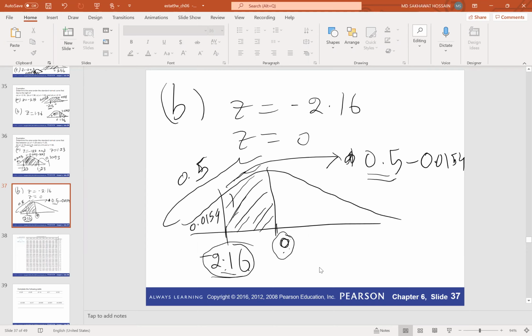If you subtract these two areas, you get 0.4846. The answer will be 0.4846. Yeah, that's correct.